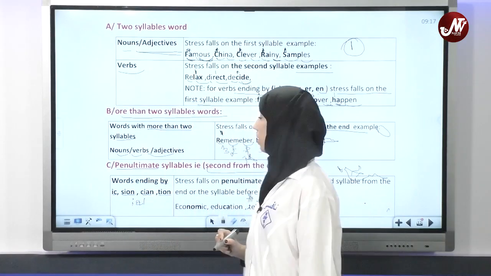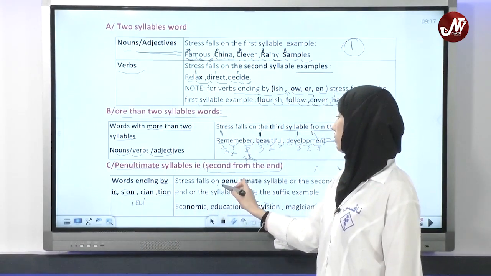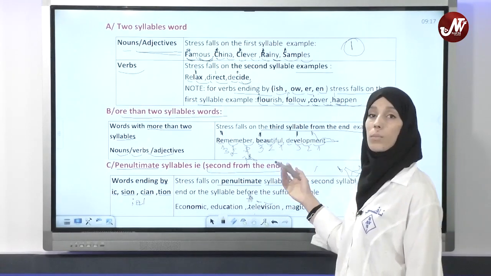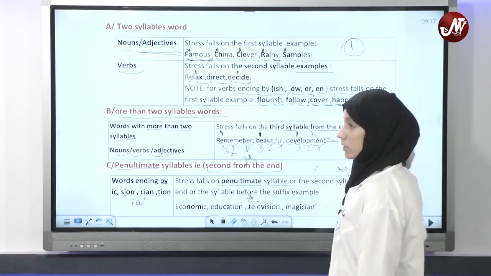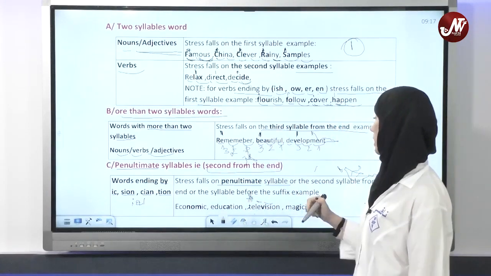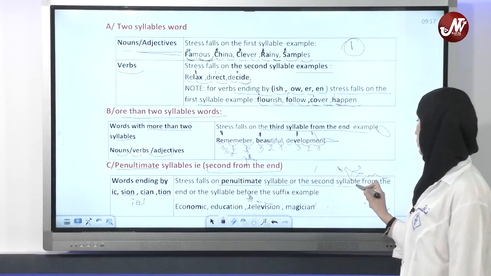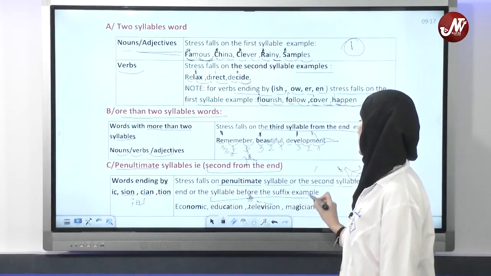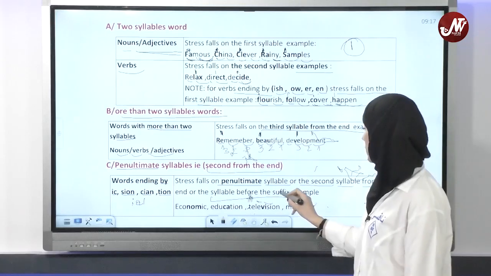So stress falls on the penultimate syllable. What does it mean, penultimate syllable? It means the second syllable from the end. So we come from the end and we count 2 syllables, or the second syllable from the end, or the syllable before the suffix directly. Example.